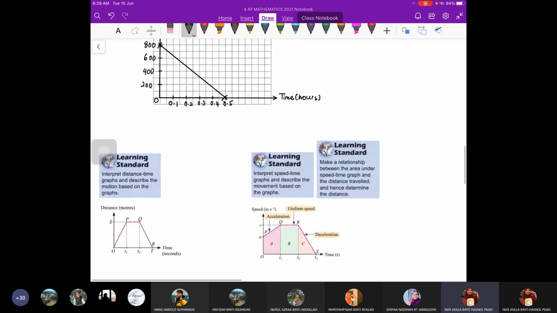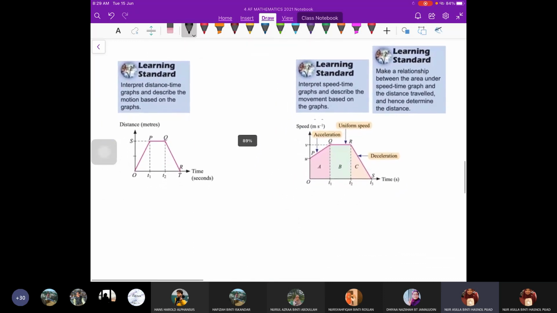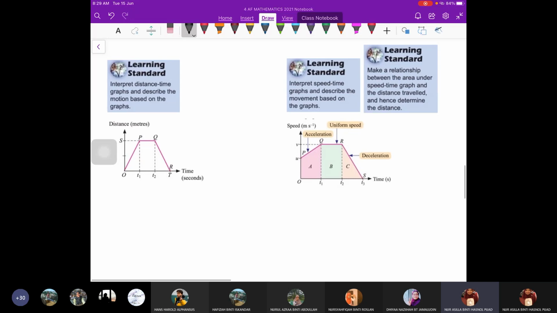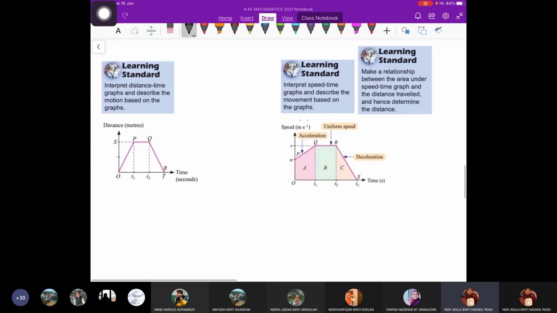Okay, no. So, now kita go into much deeper understanding of the graphs. Okay, so we have covered 2 learning standards. So, we're going to go into another 3 learning standards at the same time. If you see sebelah kiri, dia ada satu je learning standard.